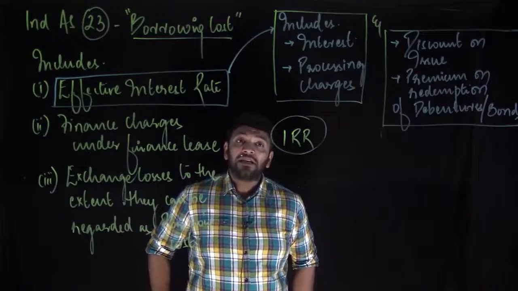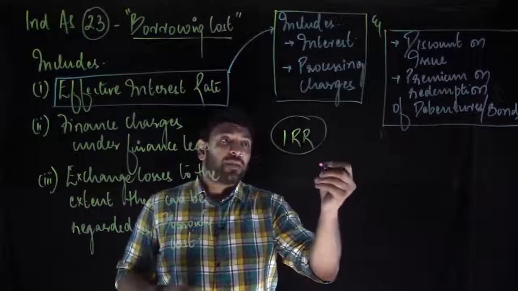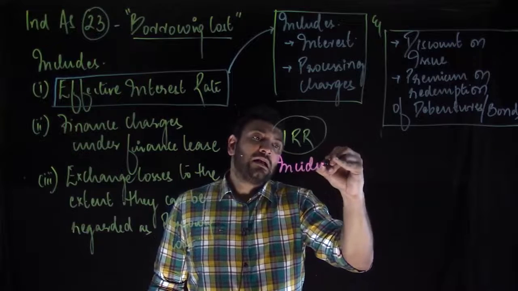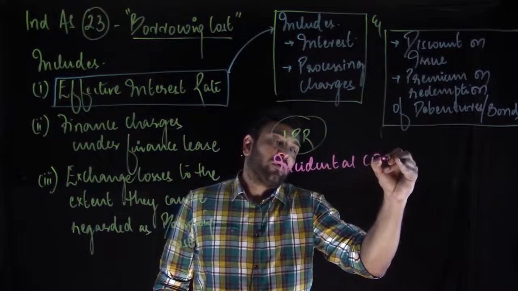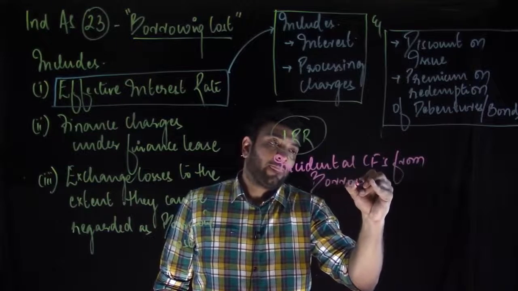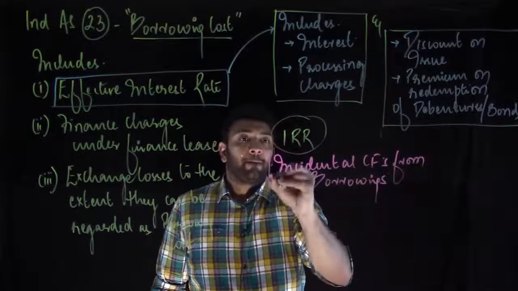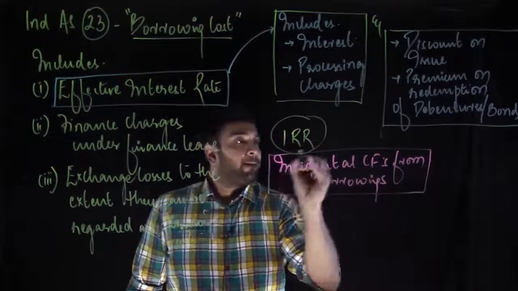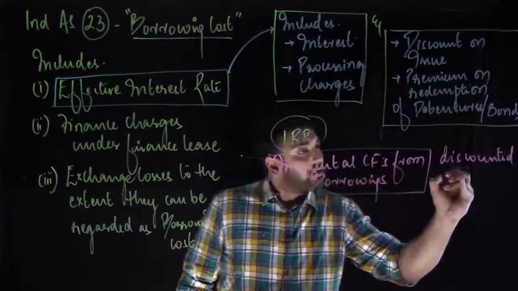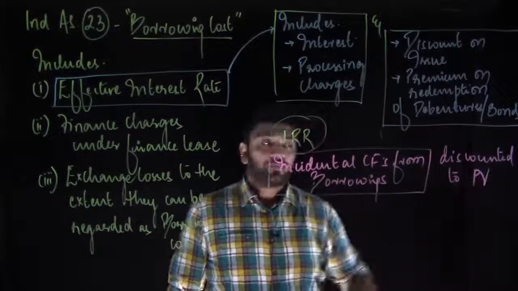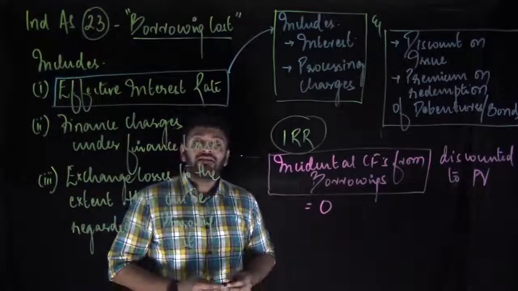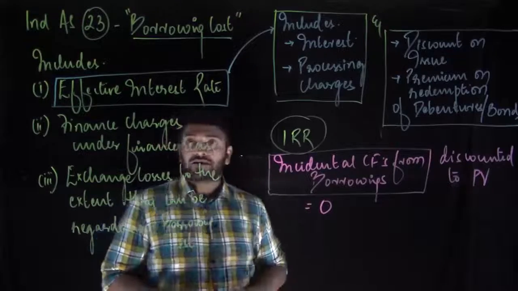How do I apply this IRR? To apply this IRR, basically we start looking at a different perspective. What we are trying to say is the incidental cash flows from borrowings, if I discount it to present value, discounted to present value should be exactly equal to 0, then I will say that that is a rate of effective interest.